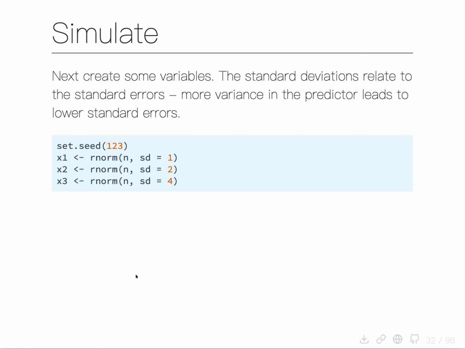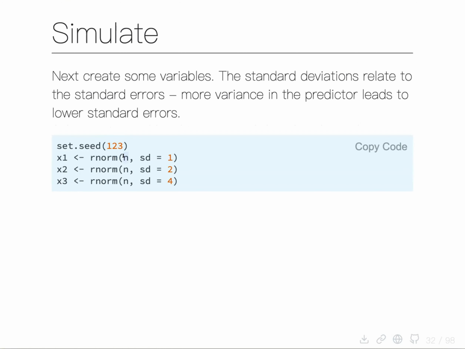Next, we can simulate some vectors that we're going to multiply by our coefficients. So I'm using set.seed here to give me reproducible results. And so I'm using 1, 2, 3. So if you wanted to simulate the results I'm getting exactly, you could use set.seed 1, 2, 3. So first I'm saying x1, x2, x3, right? These are going to be our predictor variables. And I'm saying rnorm n.